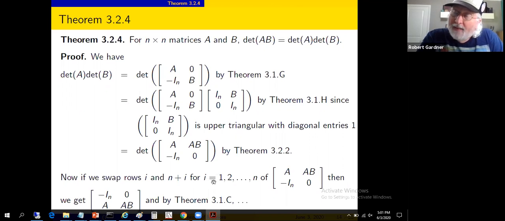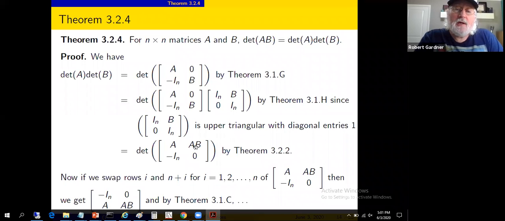We need to do row operations. We can't swap huge blocks at a time, so we have to do it in terms of row operations, so we'll know how determinants are affected. So how many swaps are we doing here? n of those swaps. So we're changing the determinant by a factor of (-1)^n, because we know how row swaps affect determinants.